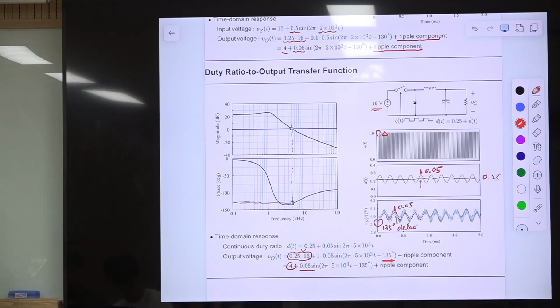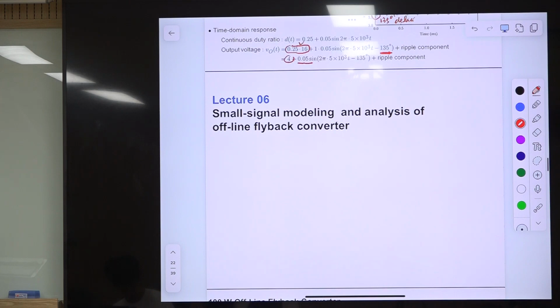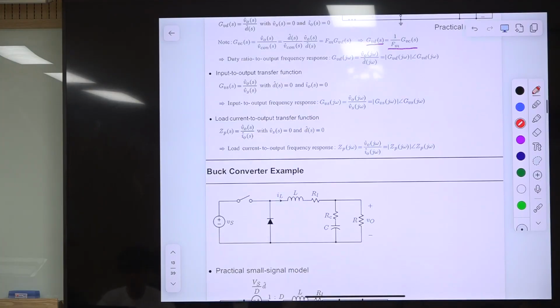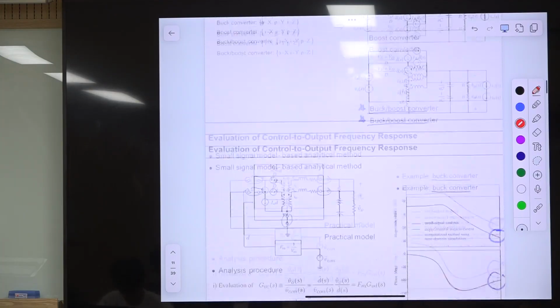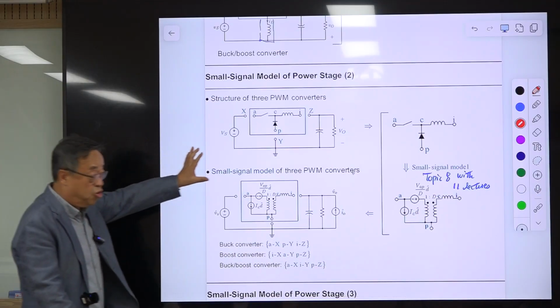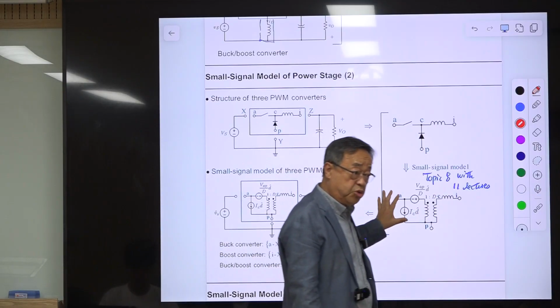All right, so this is a summary of small signal modeling and the frequency response of the PWM converter. So even though we didn't cover the details of deriving the small signal model of this component, actually this is called the PWM switch. This is called the PWM switch model.